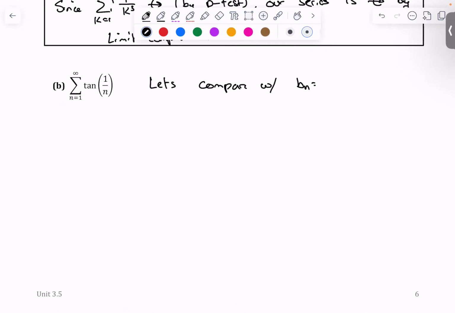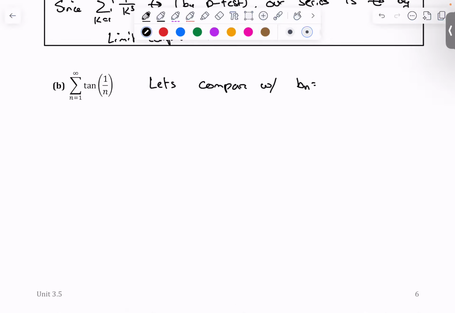What do you think? Throw out a crazy one. Sine over cosine of 1 over n, but then that would be the same thing, right? Good idea. And that actually is going to be what we need to use.